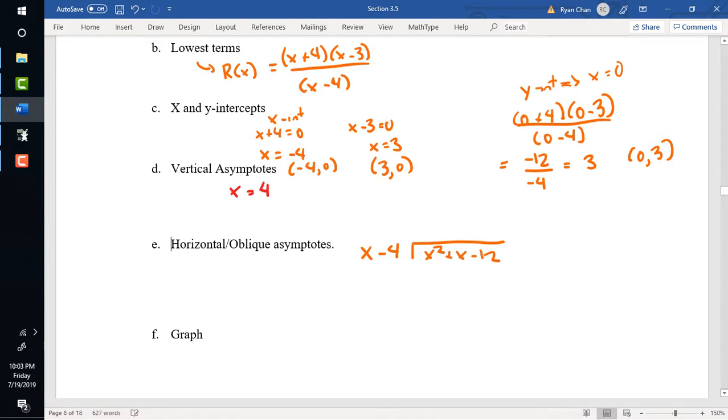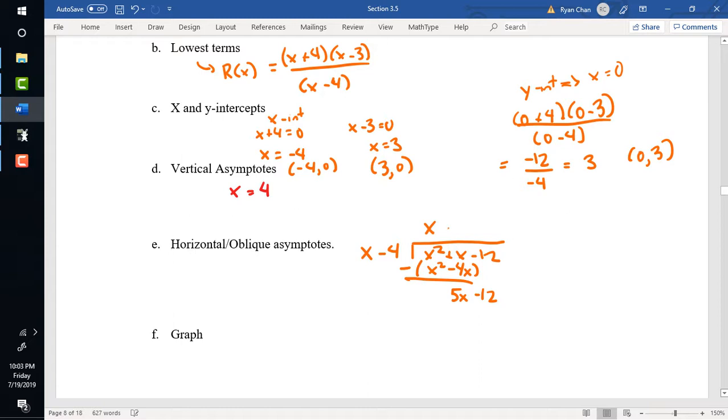So I'm going to multiply x by, I want to see what I would multiply x by to get to x squared. So that'll be x times x is x squared, x times negative 4 is negative 4x. And then I'm going to subtract. This is 5x minus 12.